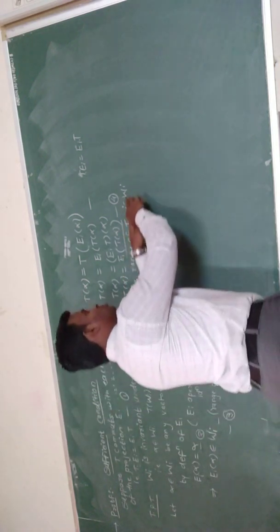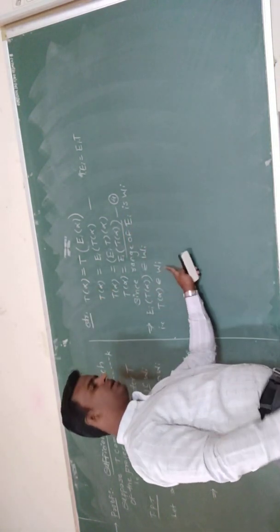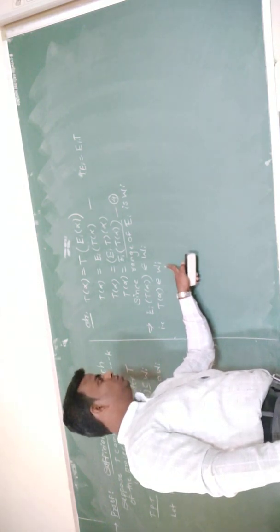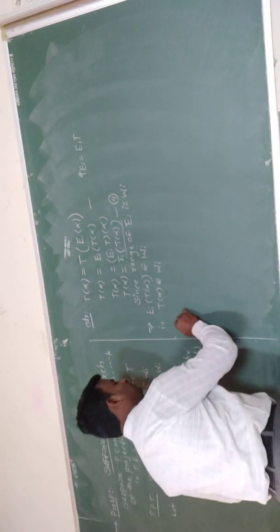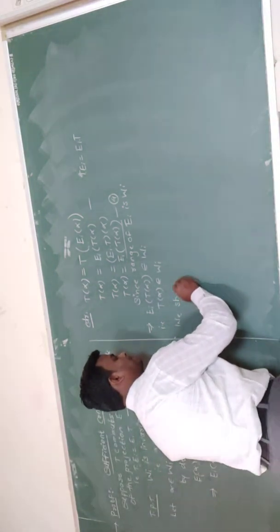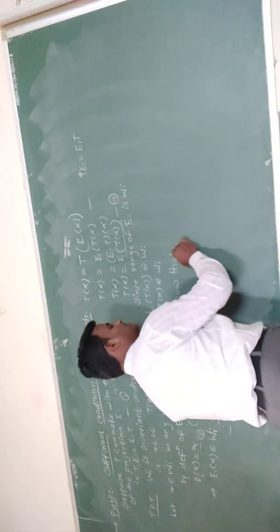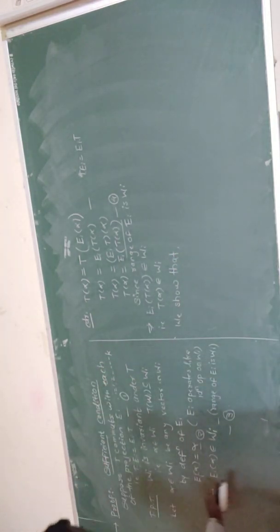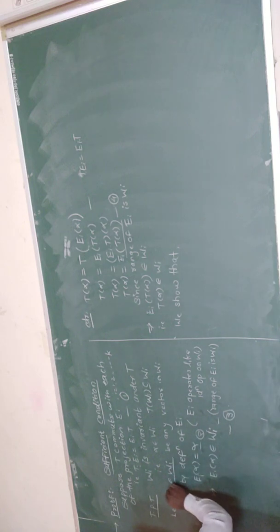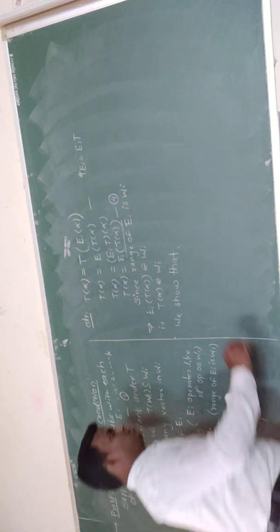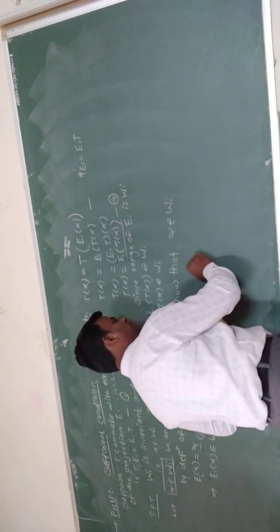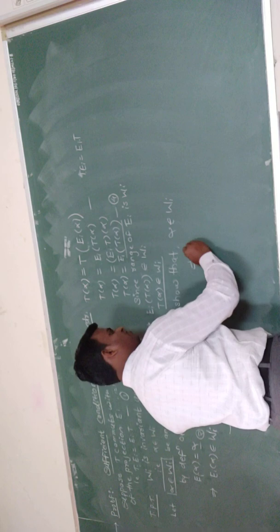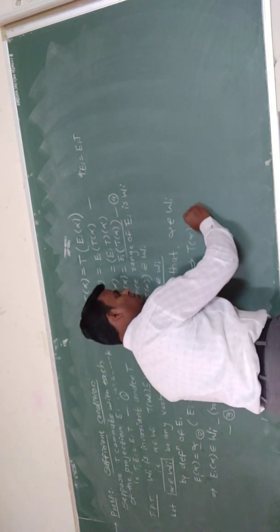Hence, T of alpha belongs to W_i. Now, what we have to show: we are taking alpha belongs to W_i, implies T of alpha belongs to W_i.